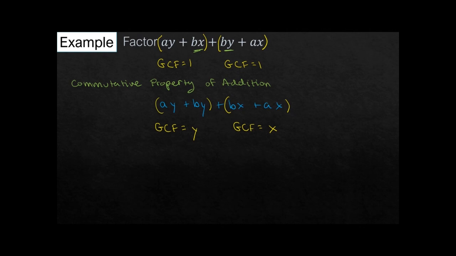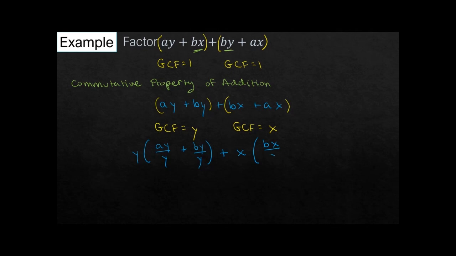So now that I know I have something that I can factor out, I am going to do so. My first greatest common factor is y, so I'm dividing ay by y and by by y. My second greatest common factor is x.